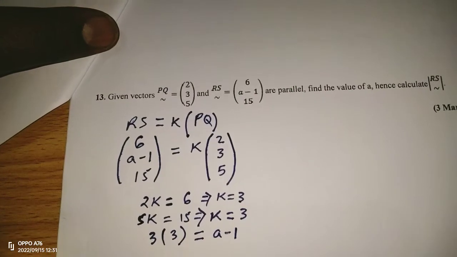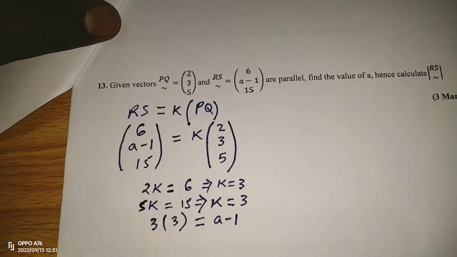So 9 equals A minus 1, and when negative 1 is taken to the other side, the value of A is 10.